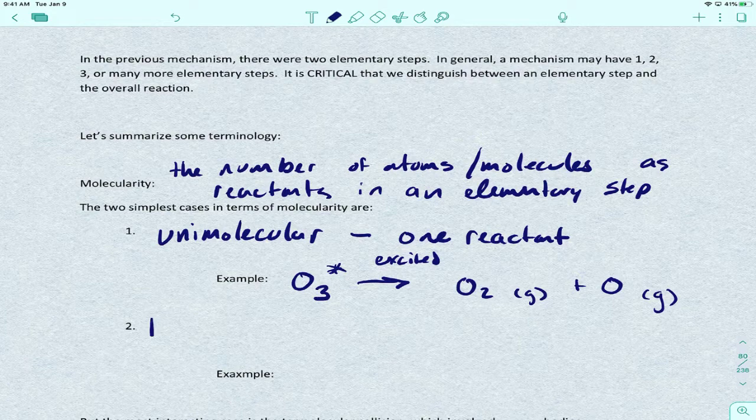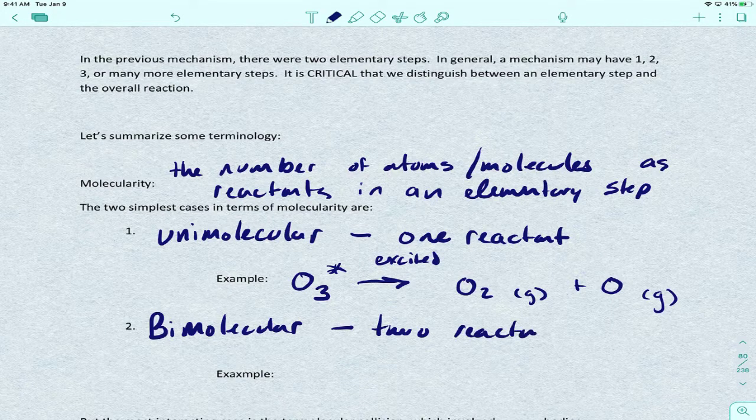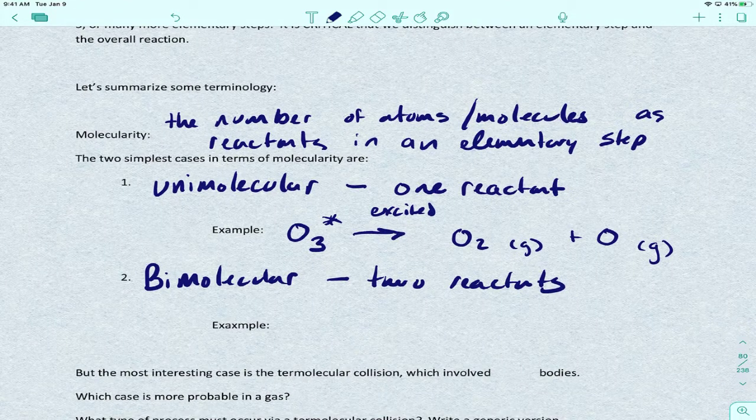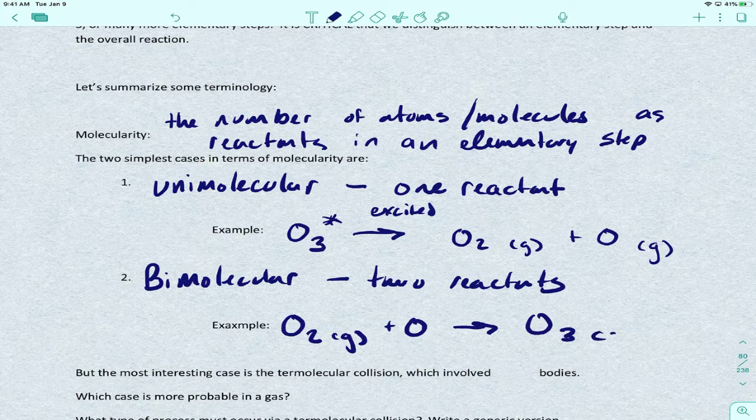If you have 2 reactants, we call that bimolecular. So bimolecular, 2 reactants. Okay, so an example: if we were to do the reverse reaction where you have O2 plus an oxygen atom and that yields O3, ozone, that would be a bimolecular reaction.